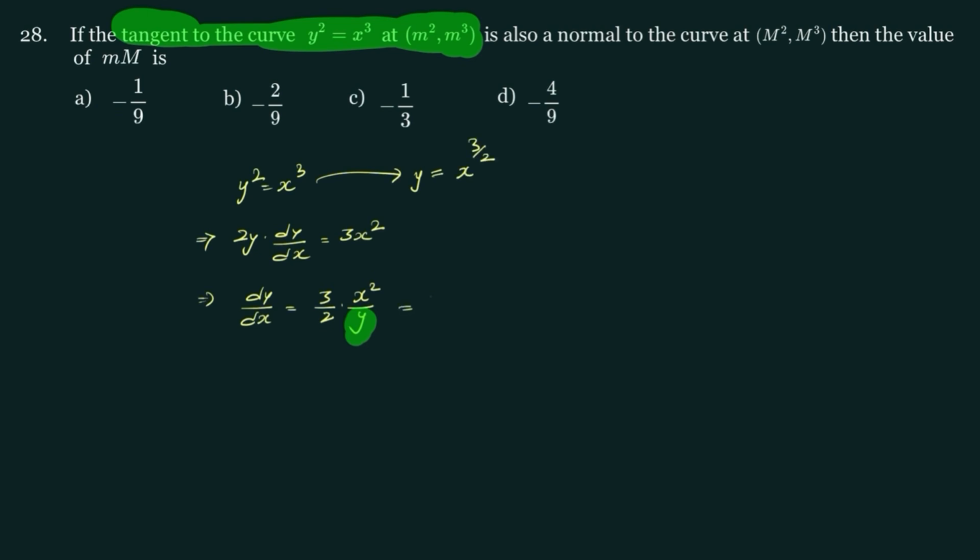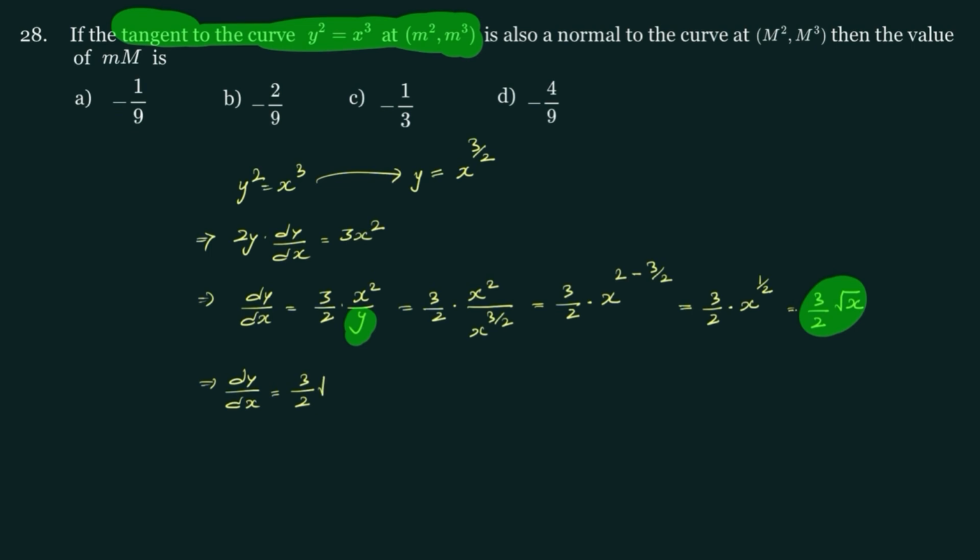So hence it will be 3 by 2 into x squared divided by x to the power 3 by 2, and on simplifying I will get 3 by 2 into x to the power 2 minus 3 by 2, which will be equal to 3 by 2 into x to the power half, and hence it will be 3 by 2 root over x. So this is the value of dy over dx.